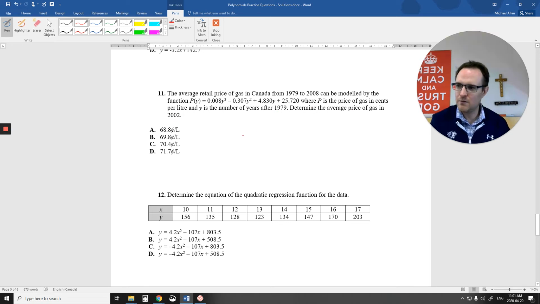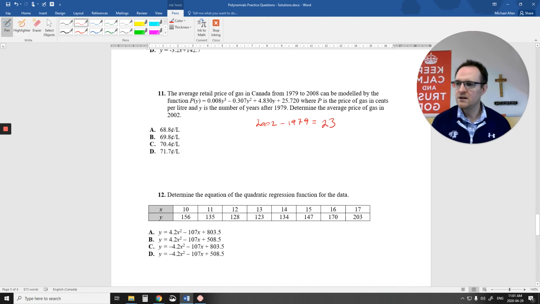So we've got to figure out how many years after 1997 is 2002. So one way to do that is just subtract the two numbers. Okay. So if I subtract my two numbers, 2002 minus 1997, yeah. So this is 5 years after the time.